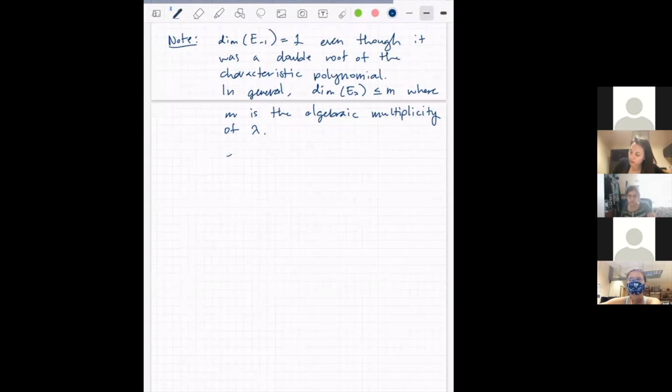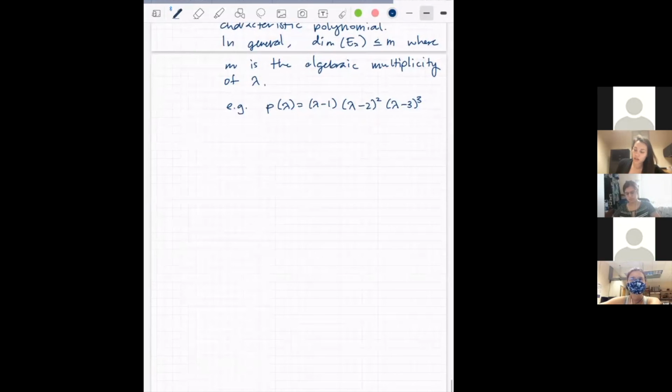Okay, so for example, if your characteristic polynomial, once you factored it, looked like (lambda minus 1) times (lambda minus 2) squared times (lambda minus 3) cubed, right? So you have 3 eigenvalues, 1, 2, and 3.